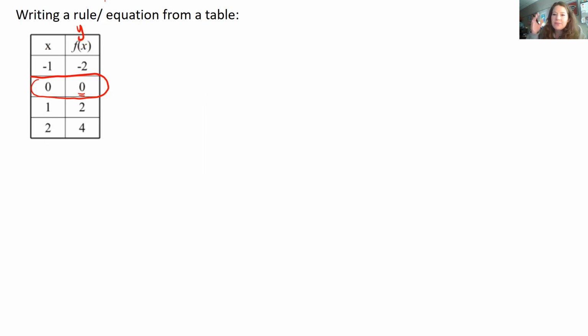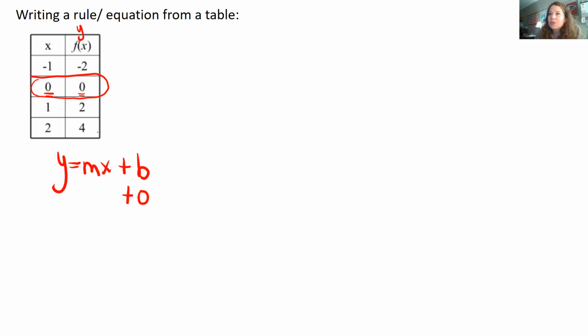As you get higher in math, they take away the y and start using the f of x. But anyway, don't forget your equations are in the form y equals mx plus b. So when they give you x equals 0, the y value is your y-intercept. So our y-intercept on this particular problem is 0.